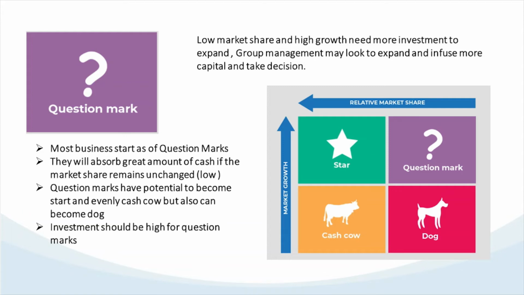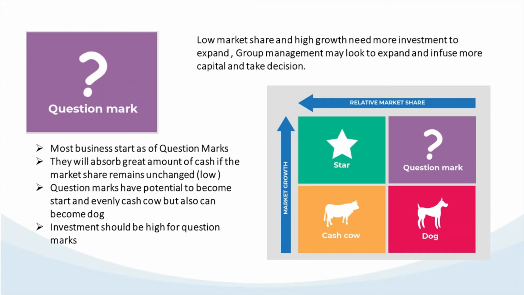So they will put more and more capital from the group funds, or maybe they will raise money from outside, whatever the funding source is. Question marks have the potential to become stars and eventually cash cows, but can also become dogs. Investment should be high for question marks, as these are sort of startups within a particular business group.